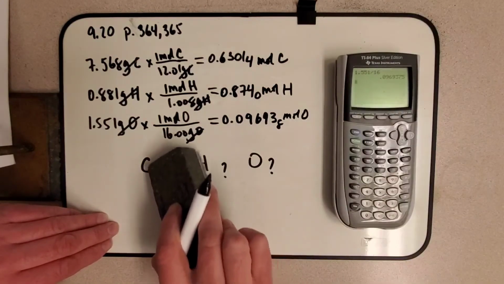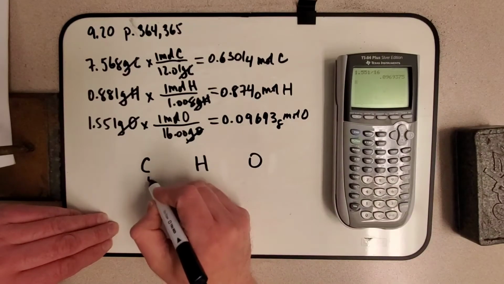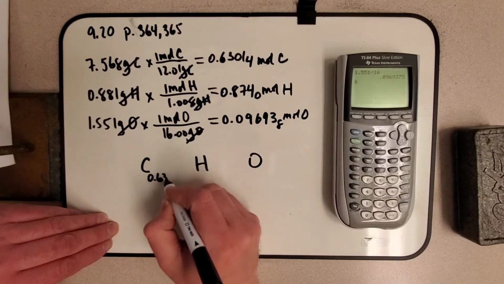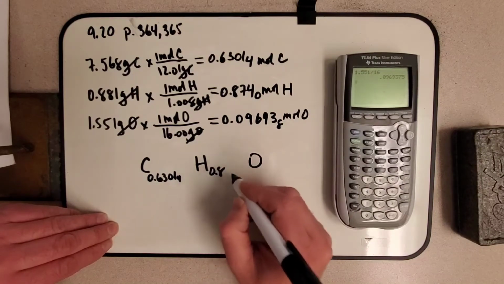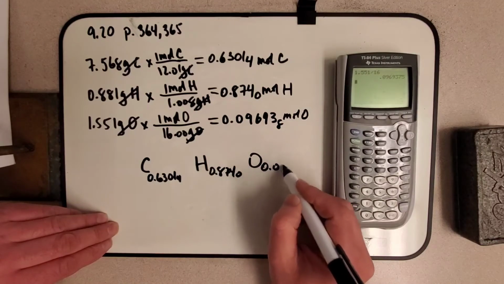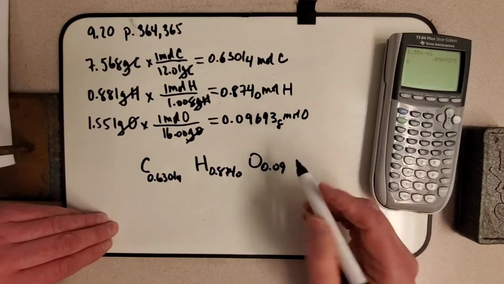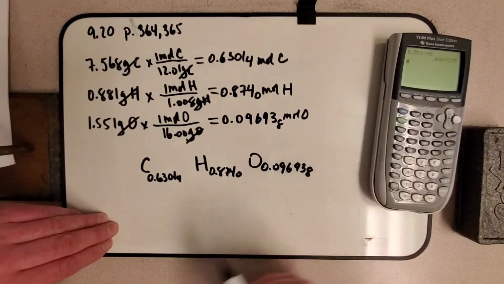Okay, so I got my moles here. Carbon is 0.6301 little 4, hydrogen is 0.874 little 0, and oxygen is 0.09693 little 8.